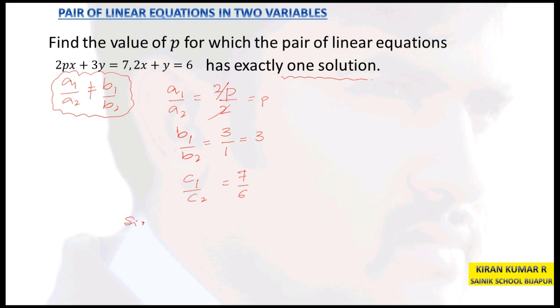Since a1 upon a2 shouldn't be equal to b1 upon b2, there will be exactly one solution for which p shouldn't be equal to 3.